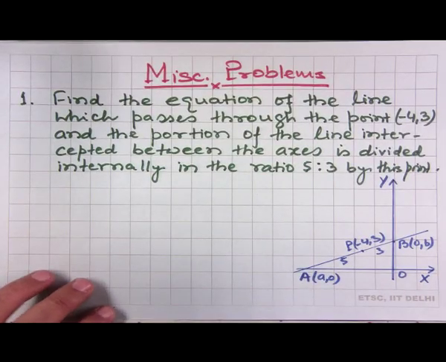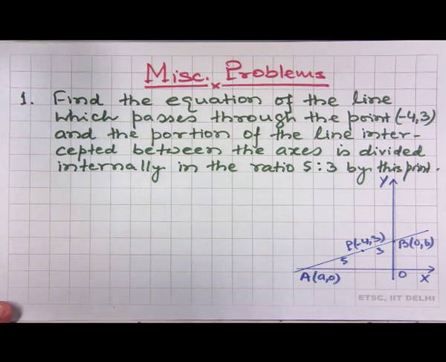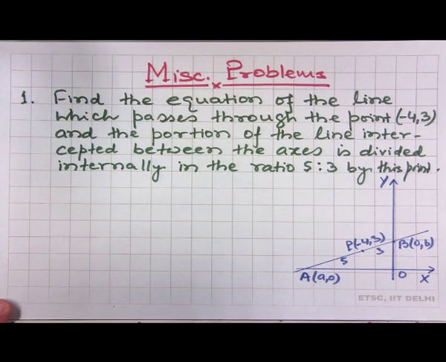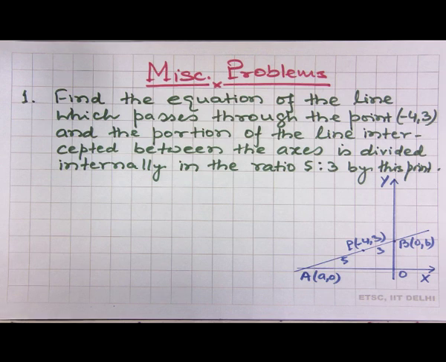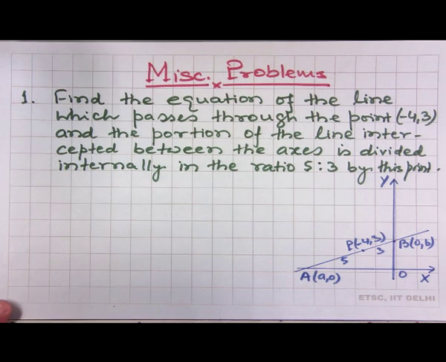So the first problem is: find the equation of the line which passes through the point (-4, 3) and the portion of the line intercepted between the axes is divided internally in the ratio 5:3 by this point. Here we have a figure of this problem.